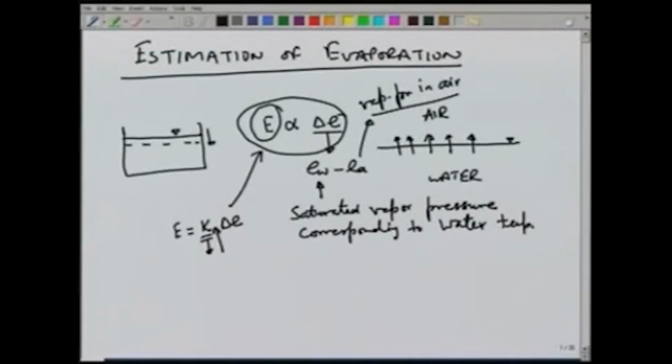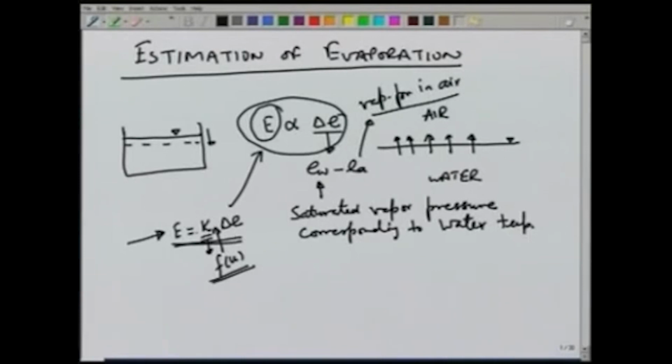So, k may be dependent on wind speed, or we can have another function here which is a function of the wind speed, sometimes atmospheric pressure, and so on. These kind of empirical equations have been derived for various locations, but they would typically be valid only in that area. Universal acceptance of these empirical equations is not very common.